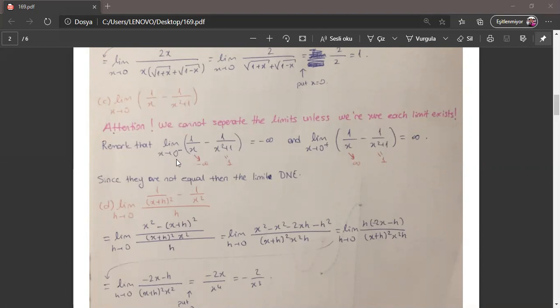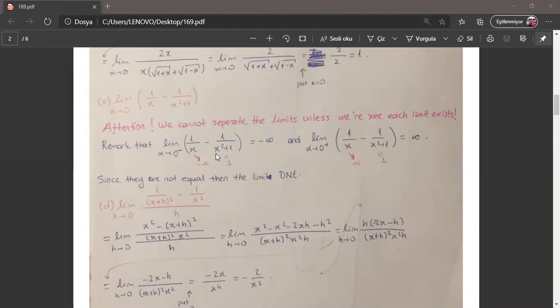So what about this? Here we have 1 over x. When x is approaching 0 from the left, as we have minus here, then this is minus infinity, because here we have something less than 0. So we have minus infinity. What about that?